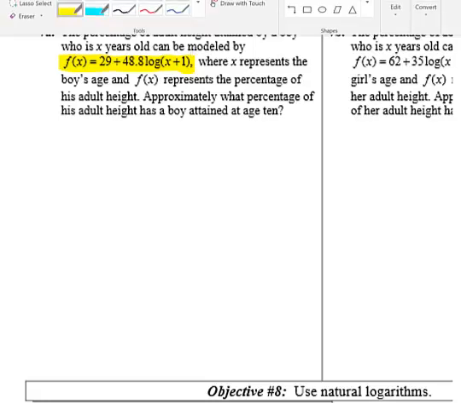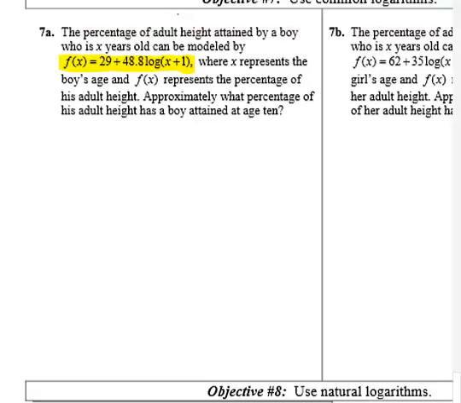So our answers in f of X are going to be somewhere between 0 and 100. But what they ask is, approximately what percentage of his adult height has a boy attained by age 10? So this is just an excuse for us to plug 10 into this function.